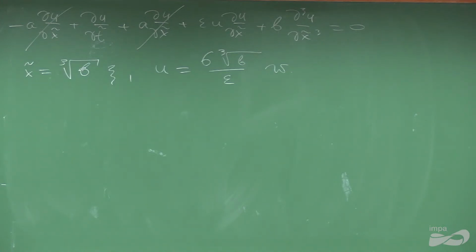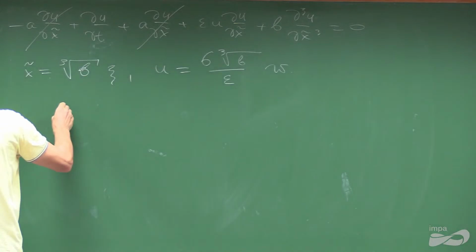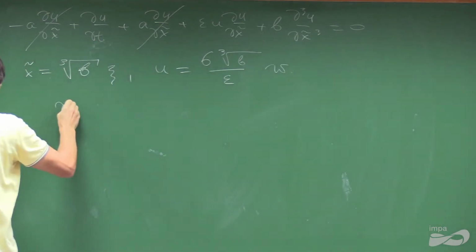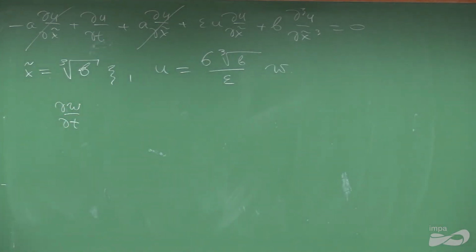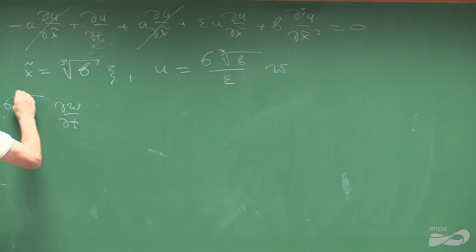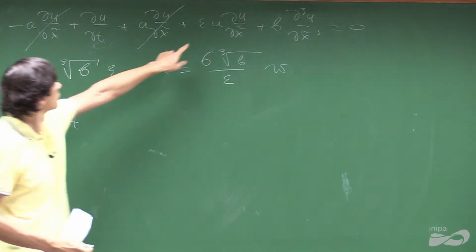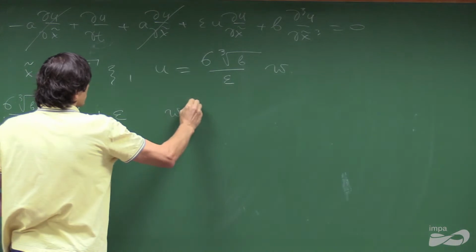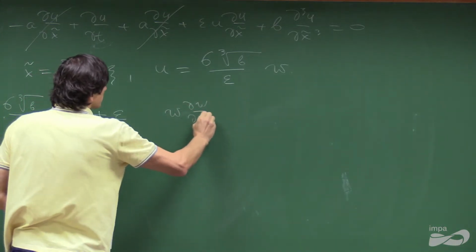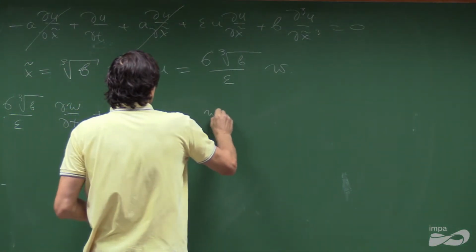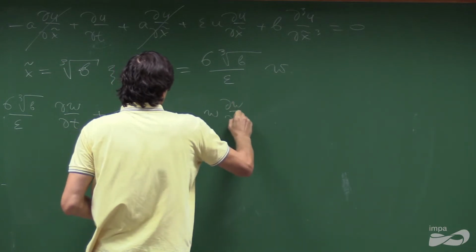So I don't change time. Time, you see, du/dt will be dw/dt, and you get this factor, 6 cubic roots of b by epsilon. This term plus epsilon, and then it will be w dw/dx.